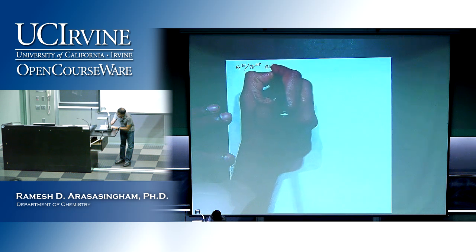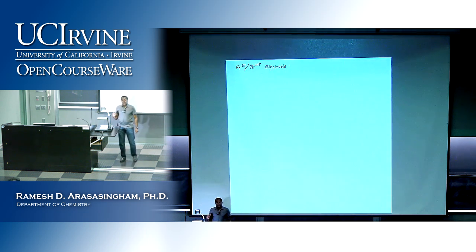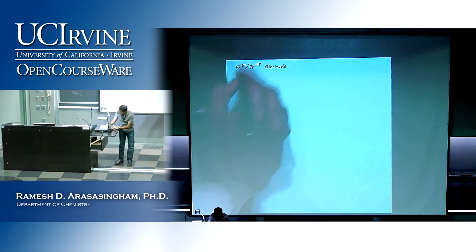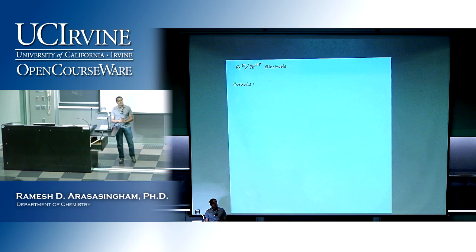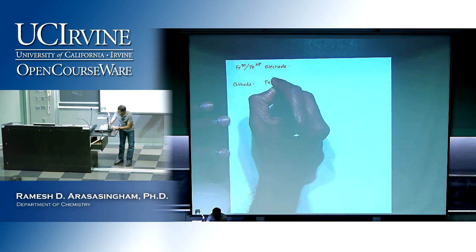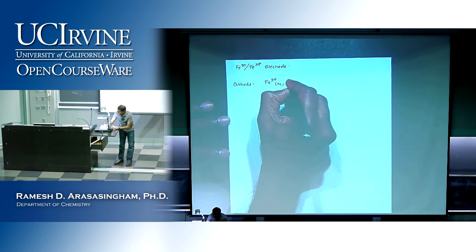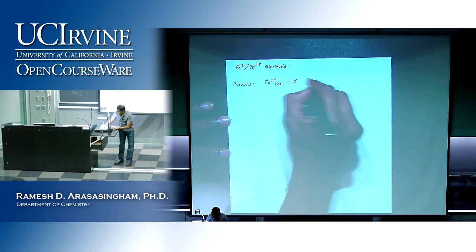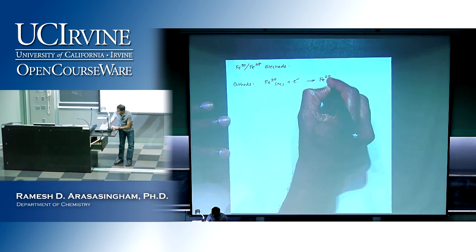All right, so if this were the cathode, you remember the cathode is the site of a reduction. So we're going to write the equation in the form of a reduction. That means you have Fe3 plus aqueous plus 1 electron, giving you Fe2 plus aqueous.